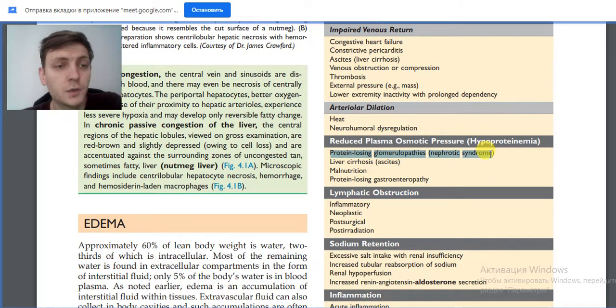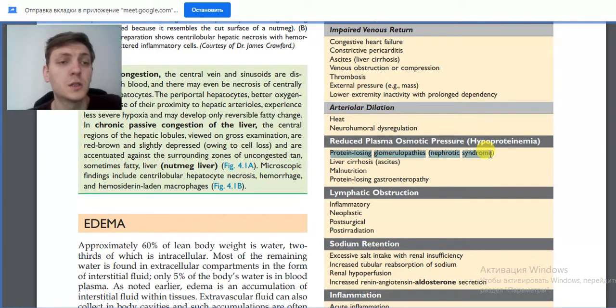This filtration sheath doesn't allow protein passage through it. Normally proteins cannot pass into the primary urine, but if we have glomerulopathy, the filtration slit becomes full of holes, and proteins easily pass through, which causes nephrotic syndrome. Later in the urinary system we'll discuss it, of course, but now you have to remember this.